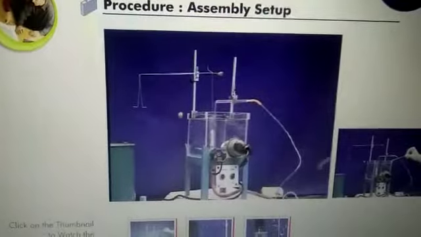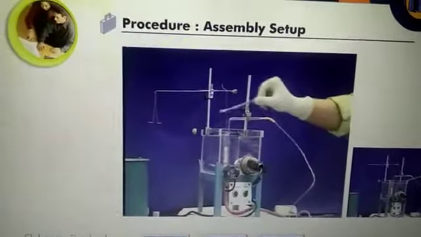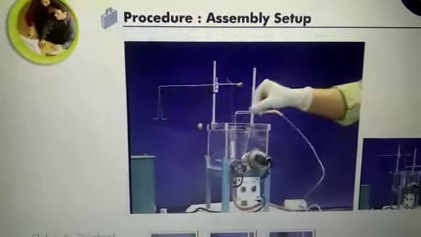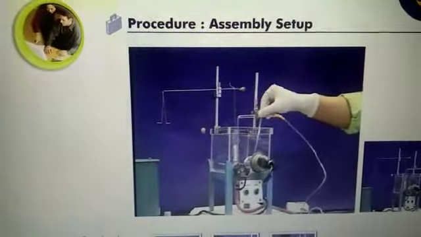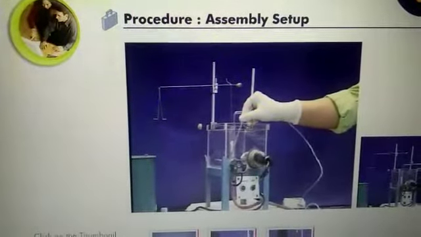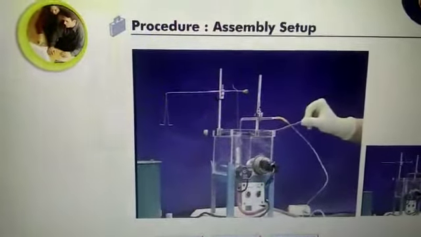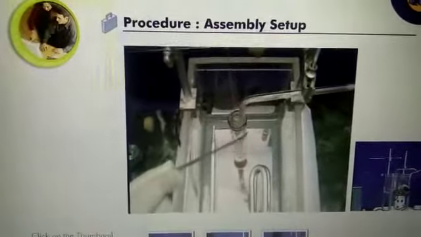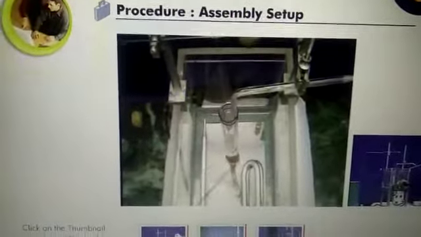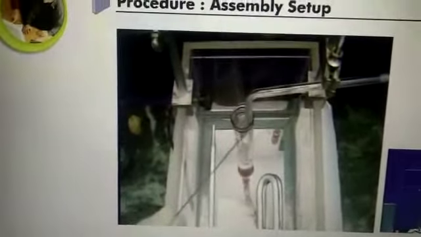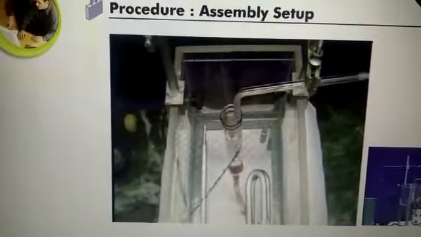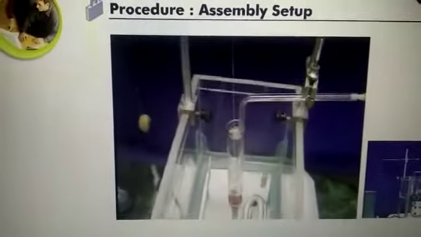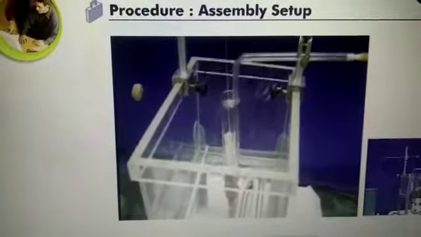Organ bath also consists of thermostatically controlled heating rod, which maintains uniform temperature of water in outer jacket. It also consists of tissue bath made up of glass with a capacity from 10 to 50 ml with both sides open. Isolated muscle preparation is mounted in upright position in this tissue bath.